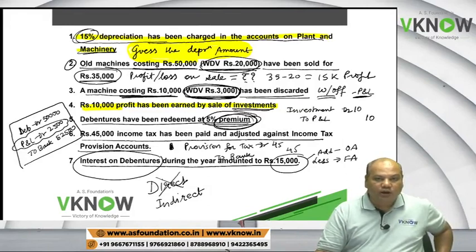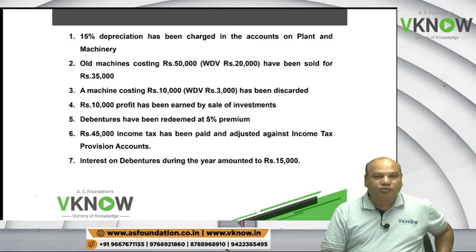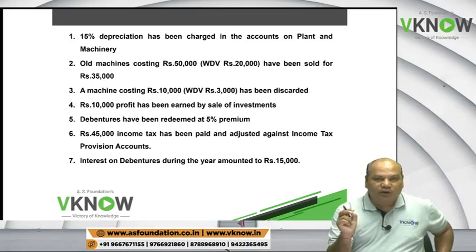Then you will ask why. For the direct method, I need to find out collection from debtors and payment to creditors. To know the collection from debtors, I need to know the sales figure also. Opening and closing debtors are given, but the sales figure is not given.